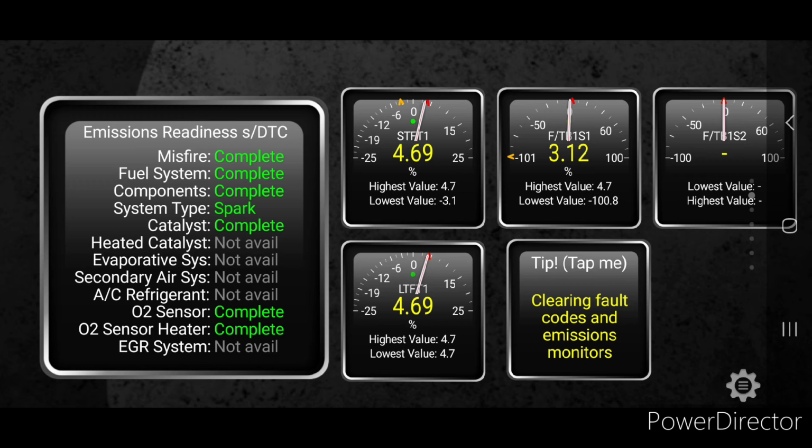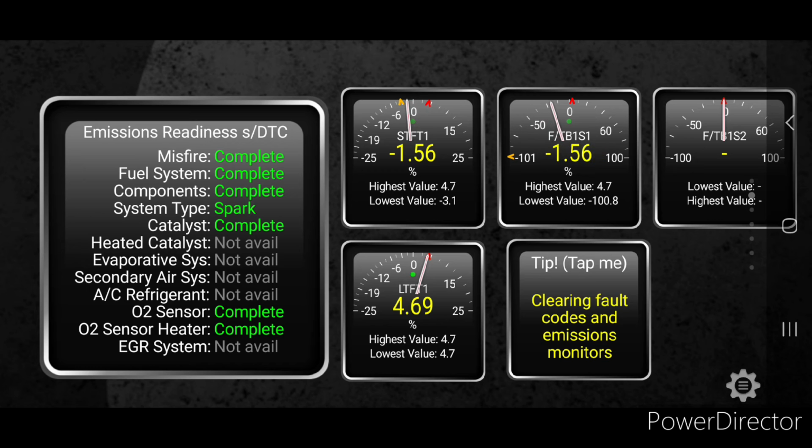Our highest value is 4.7, lowest value is negative 100.8. Long-term fuel trim is 4.69%. That's normal, guys. On the left hand side: emission readiness, misfire no misfire, fuel system complete, components complete. System type spark, catalyst complete.